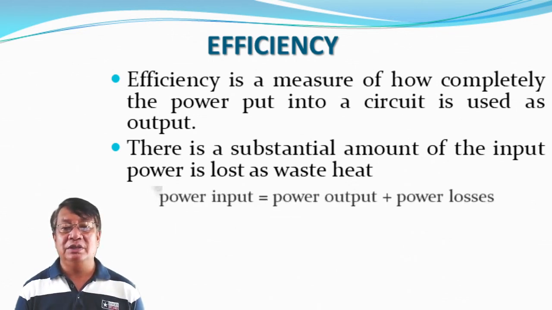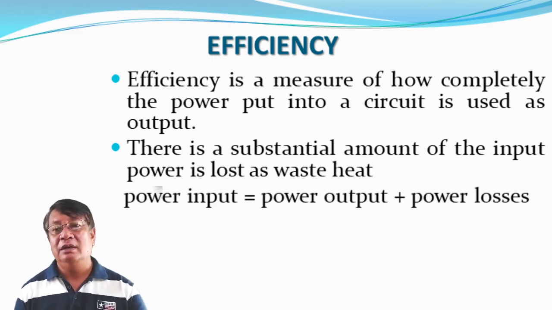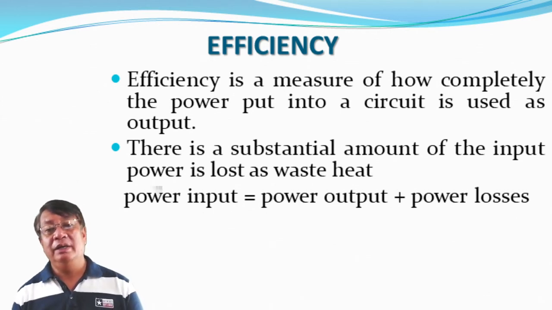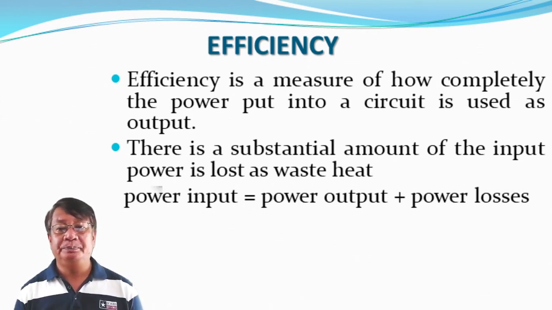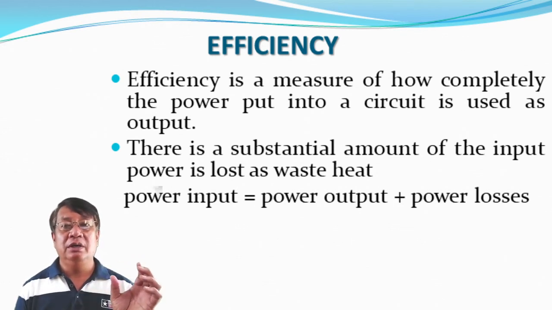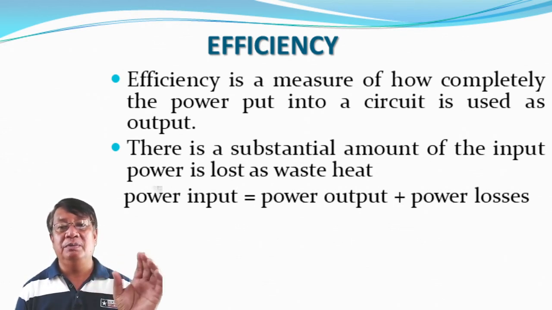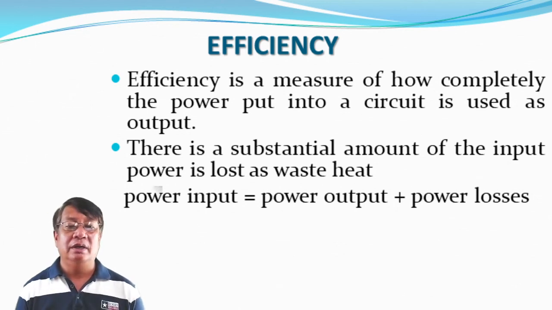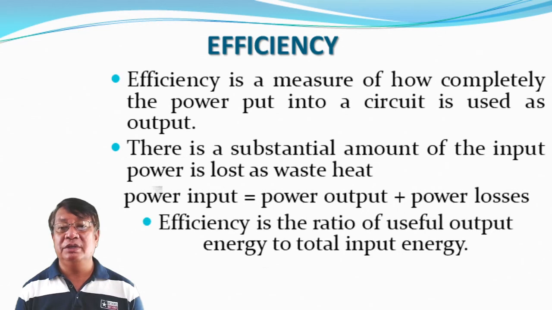So we are going to consider those losses. That is why we have the formula: power input is equal to power output plus the power losses. This is the power losses as we go along with the conversion of input to output power. So there are always losses.